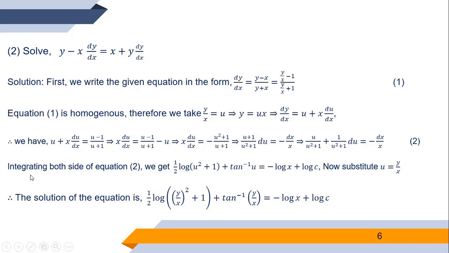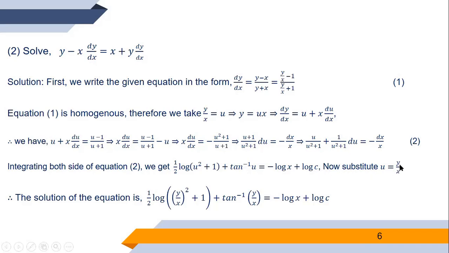So therefore, integrating both sides, because equation 2 is indirectly a separable variable equation. So we apply the integration on both sides. So we get 1/2 log(u squared plus 1) plus tan inverse u = minus log x plus log c.